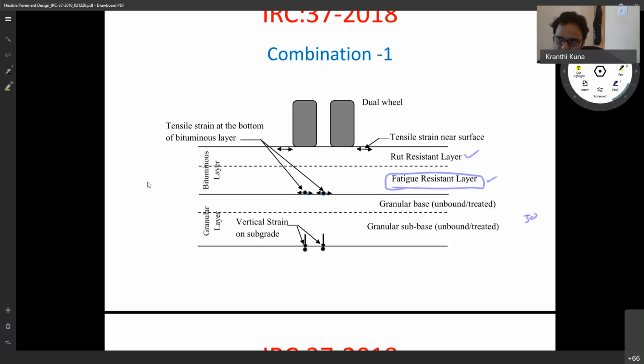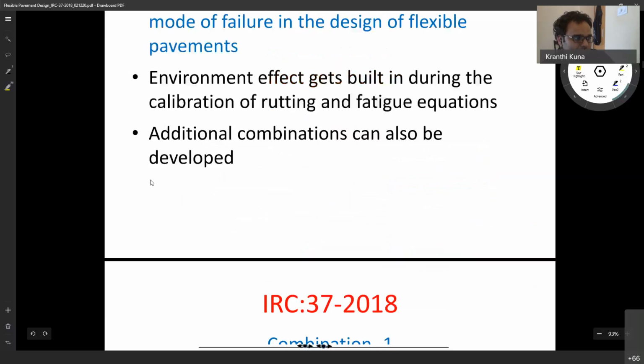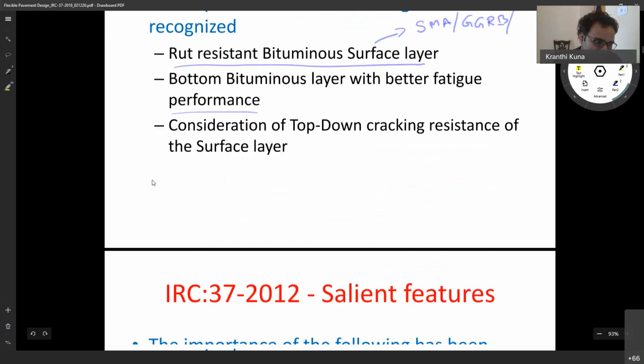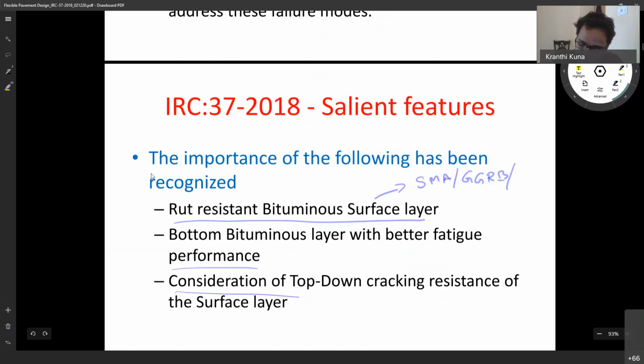Obviously it should not be so high that rut resistance comes down, but it can be more than the conventional mix so that it will have better fatigue resistance. If you incorporate more bitumen without compromising other properties, it will usually have good fatigue resistance. That we consider within the design indirectly. And there are also recommendations given on the top-down cracking resistance of the surface layer.